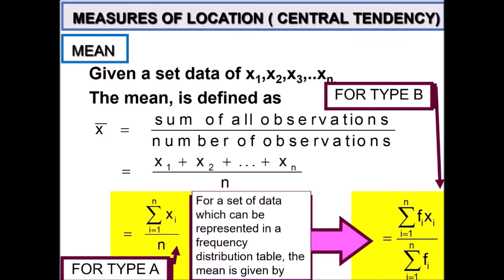Now we want to find the mean for ungrouped data, given a set of data x1, x2, x3 until xn, where xn is our last term.